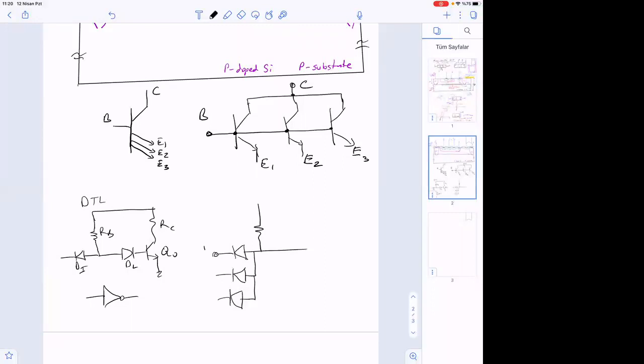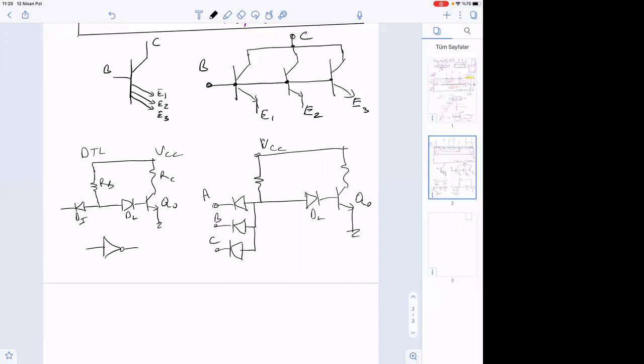Okay, so this would be A input, B input, and C input. This would be VCC, and then DLQ.